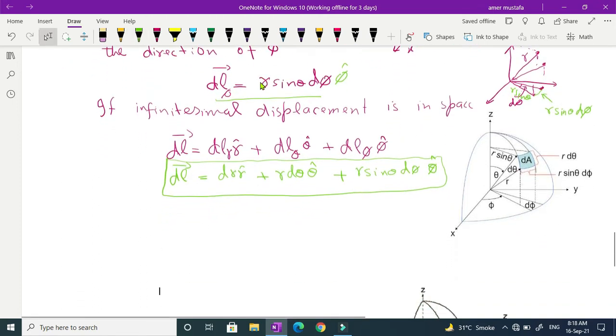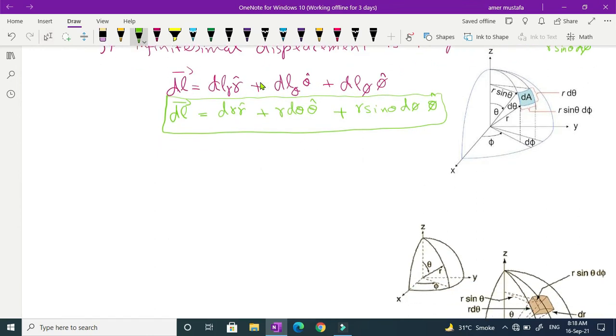Now, what is the infinitesimal volume? Infinitesimal volume is the product of three lengths. These three infinitesimal lengths are due to change of r, due to change of theta, and due to change of phi.